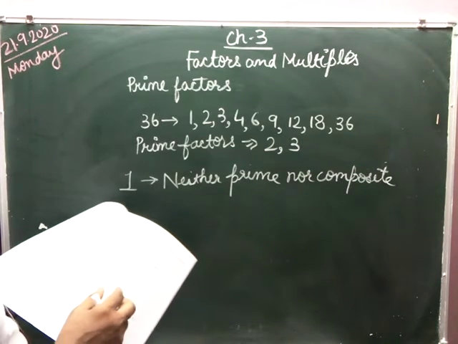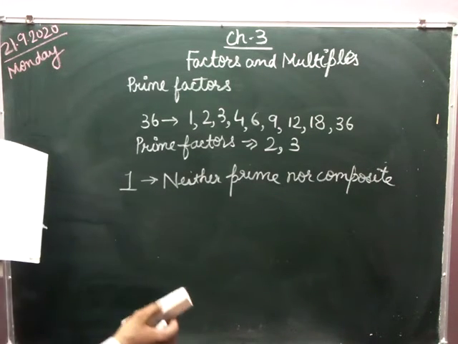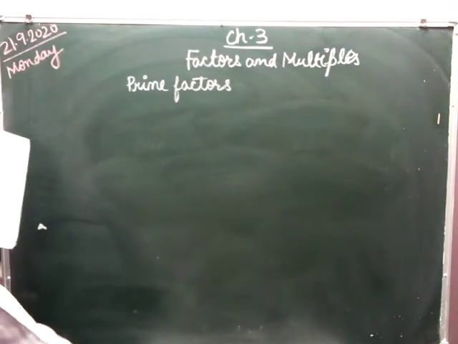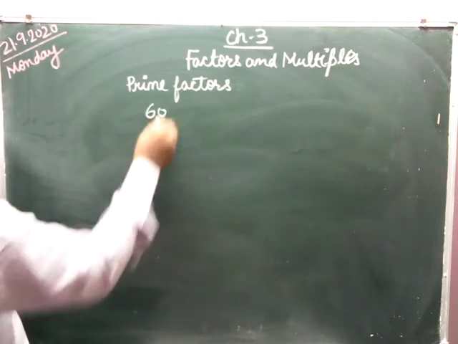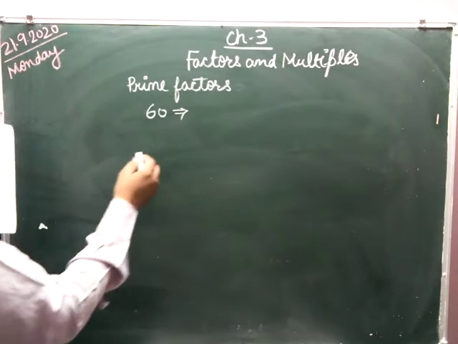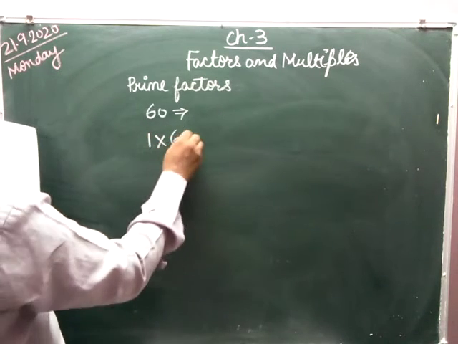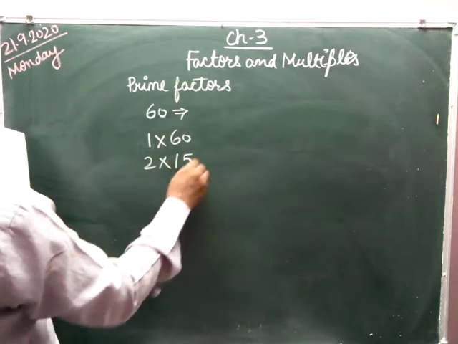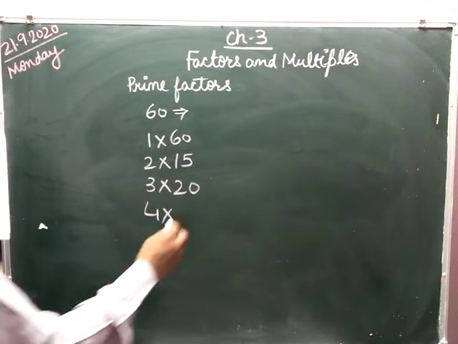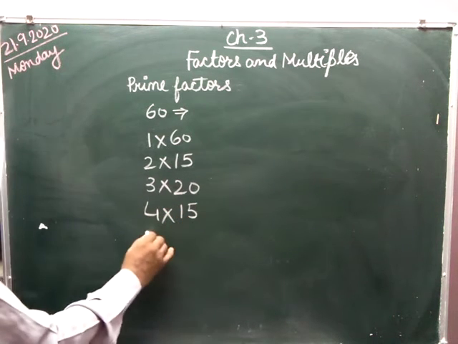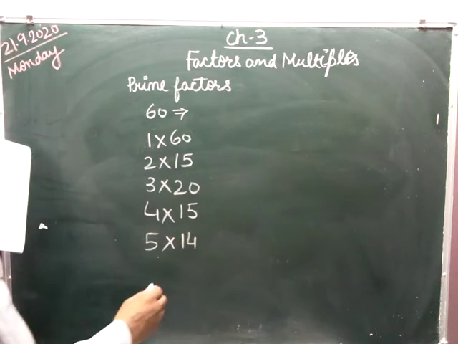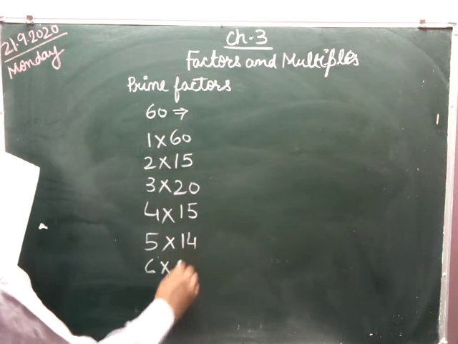Now we will take some more examples for finding prime factors. We have to find the prime factors of 60. First, we have to find the factors: 1 multiplied by 60, 2 multiplied by 30, 3 multiplied by 20, 4 multiplied by 15, 5 multiplied by 12, 6 multiplied by 10.